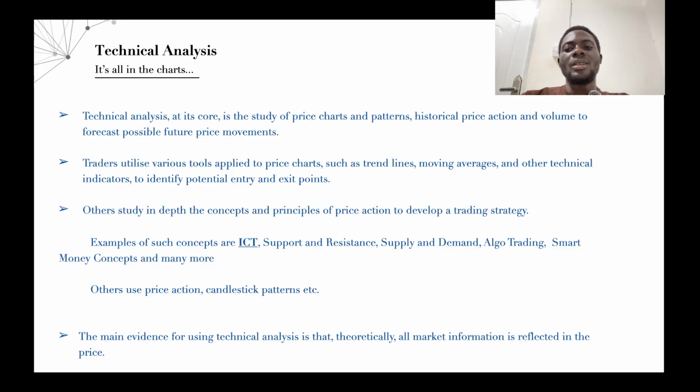But when they do their research and find algo trading and it's good for them, then they can do that. Understand? I'm not forcing anybody to stay with one concept. That's why I'm introducing everything to you so that you can pick and choose what you think is best for you. And smart money concepts, which is also a product of ICT concepts.